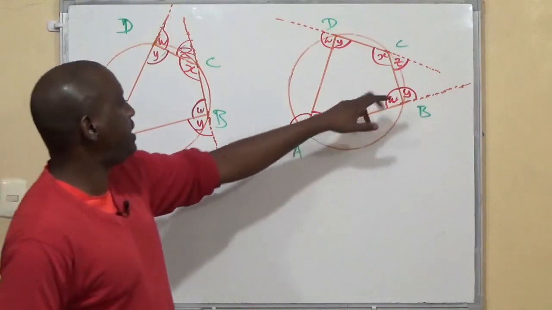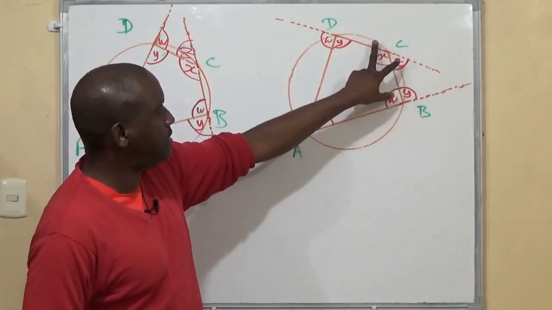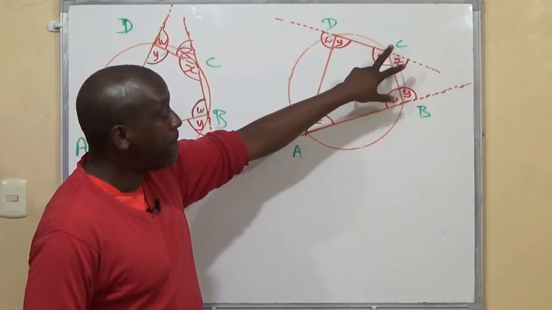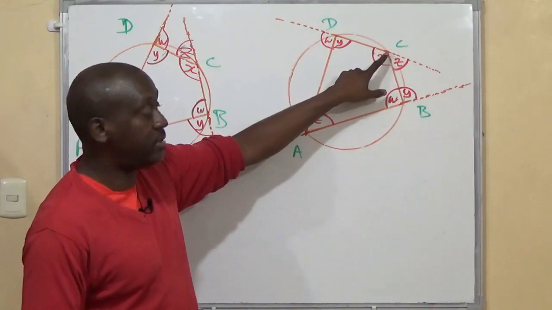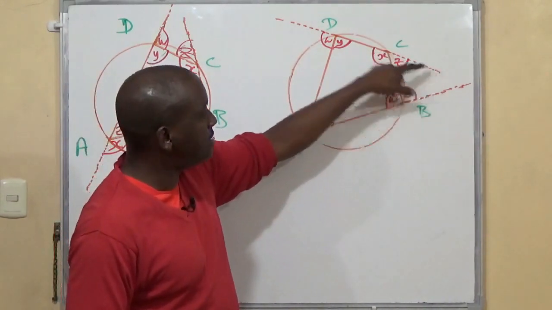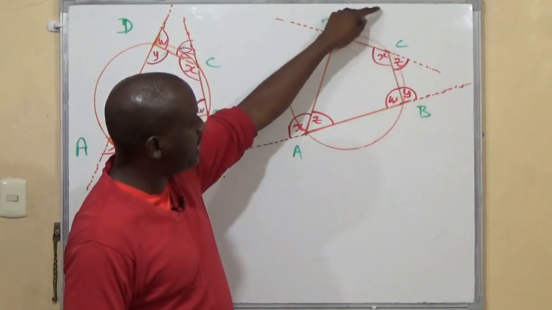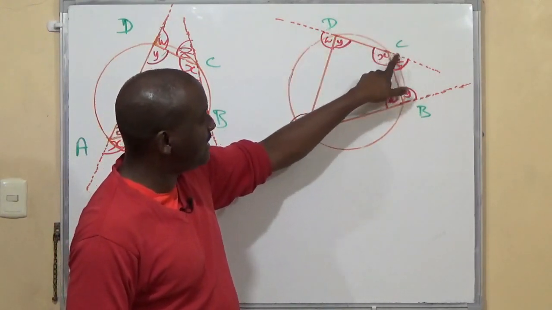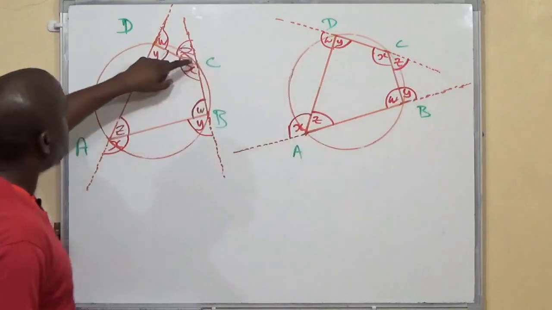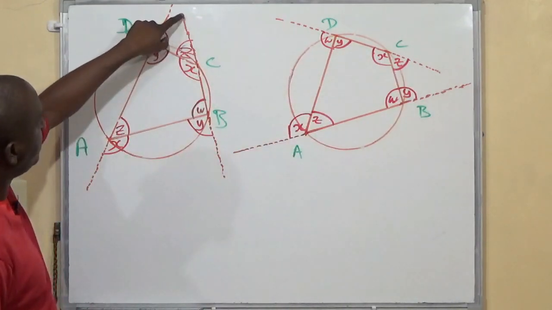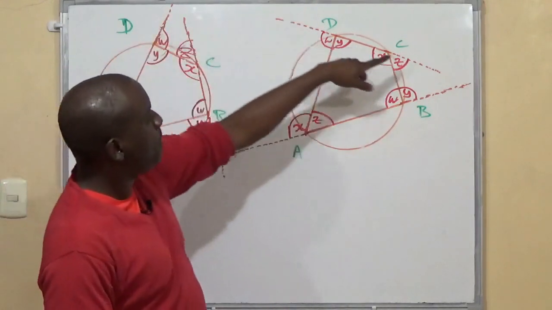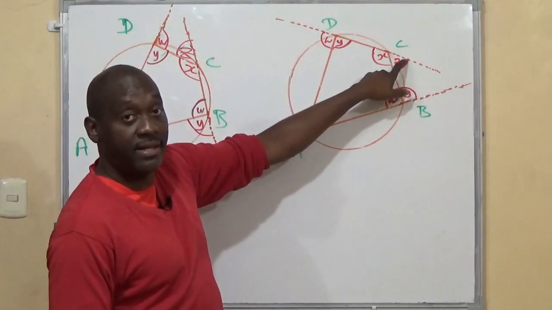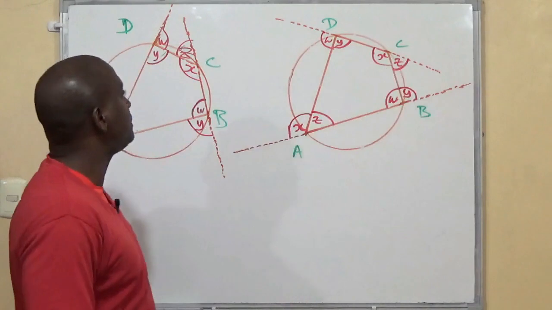Remember, at any vertex there are two ways in which we could extend the line. We could extend out like this, or we could extend out like this. So on this circle, we extend it across here, and on this circle, we extend it up here. So this external Z here will be the same as this external Z here, vertically opposite angles.